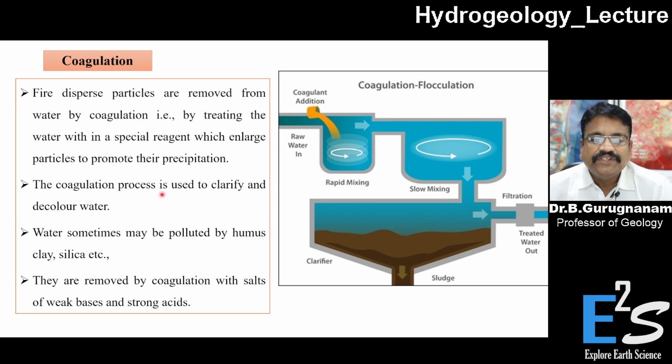The coagulation process is used to clarify and decolor water. Water sometimes may be polluted by humus, clay, and silica. They are removed by coagulation with the salts of weak bases and strong acids. So this is the process behind coagulation and flocculation.